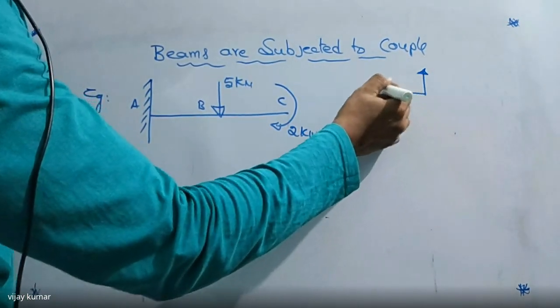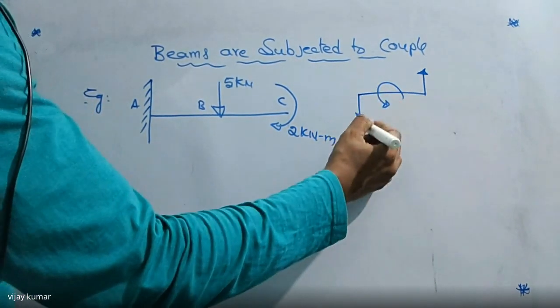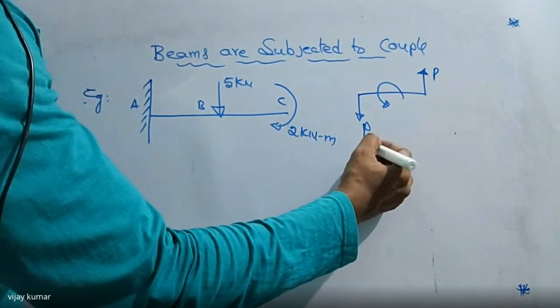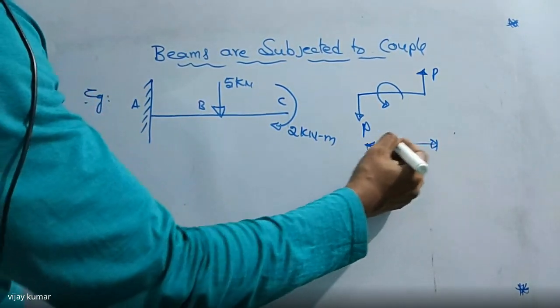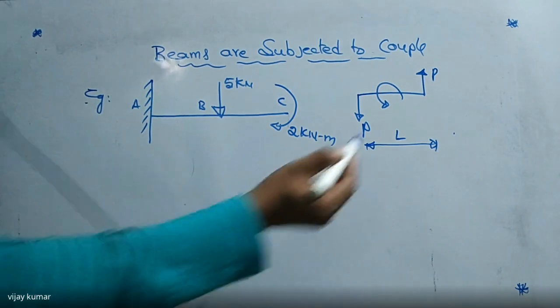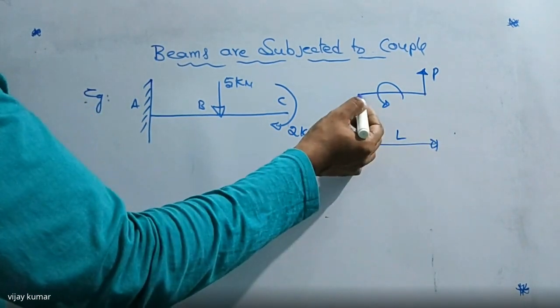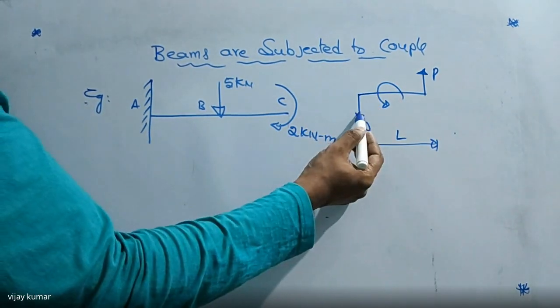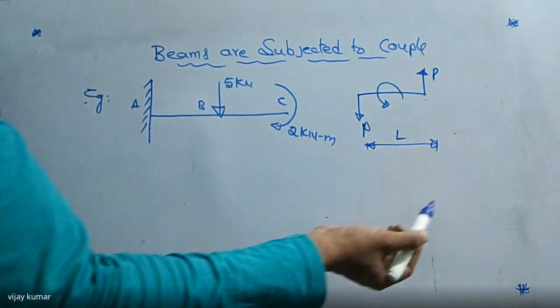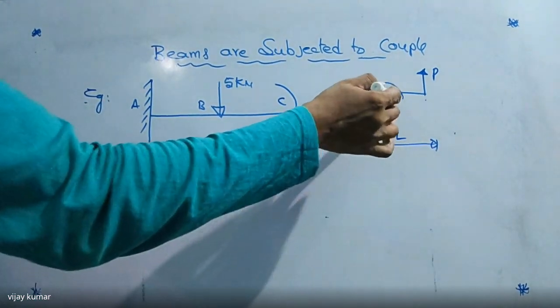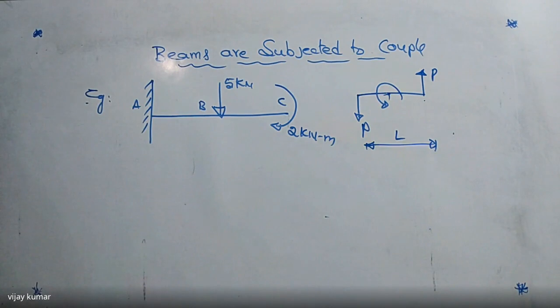For example, this couple is acting like this. Then what happens here? This is rotating in this direction. This is P and this is P, and the distance between them is L. What is the moment of this force with respect to this one? P into L. What is the moment of this one with respect to this one? P into L. So what is the meaning of couple here? Couple is nothing but the bending moment of individual forces.